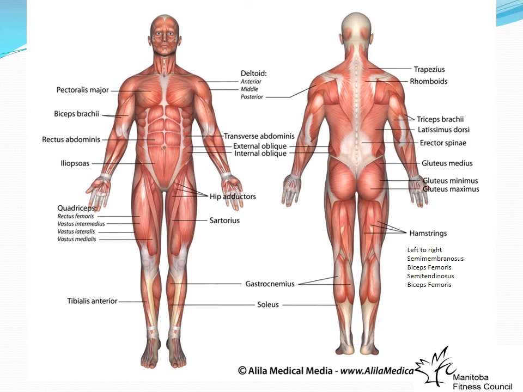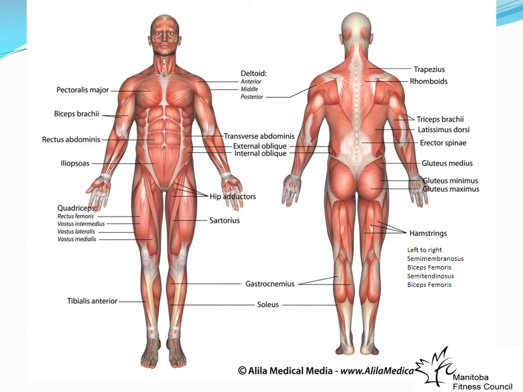The middle fibers, which would be located around the area where it shows the rhomboids area, would do the same thing that the rhomboids do, and they will retract. They will retract the scapula, so pull the scapula closer to the spine, making the shoulder blades squeeze in the back.